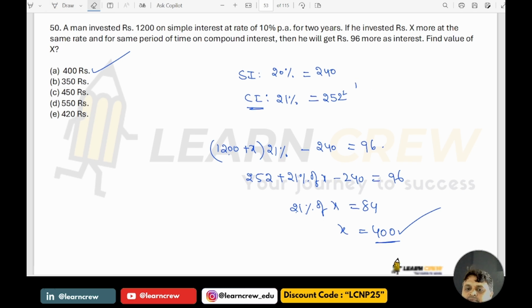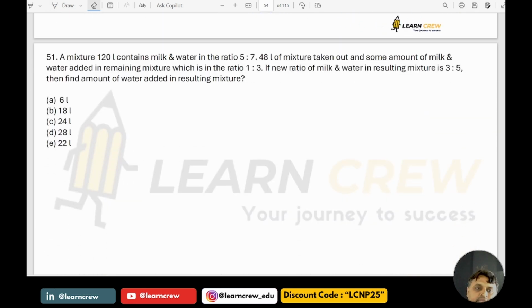Next. A mixture of 120 liters of milk and water in the ratio 5:7. 48 liters of mixture is taken out. So if you observe here, 12 parts is 120, so each part is 10.